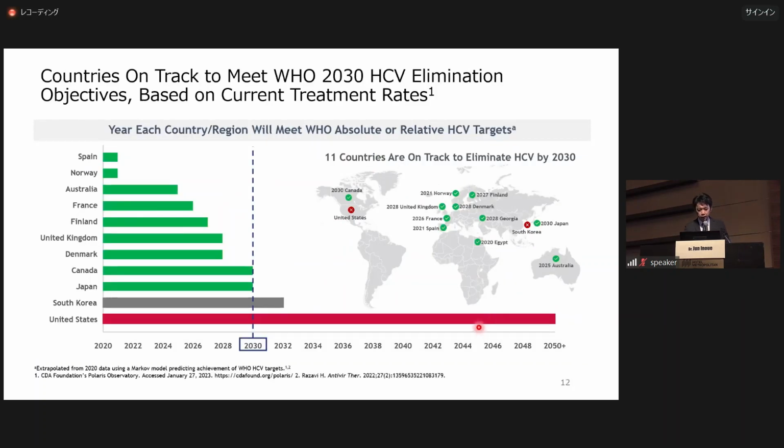Some countries are on track for the goal of WHO. Spain, Norway, Australia, and so on are on track for the goal, including Japan. South Korea is estimated to reach the goal in 2032. However, regarding United States, the goal is too far in the estimation.